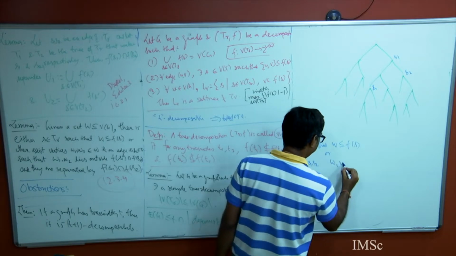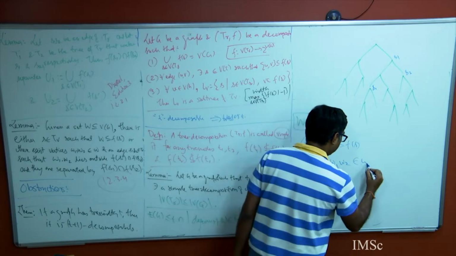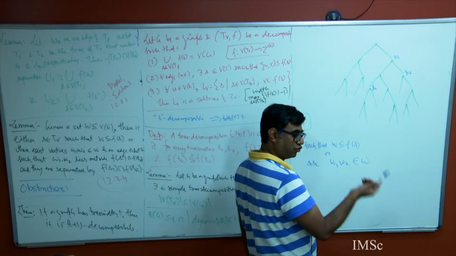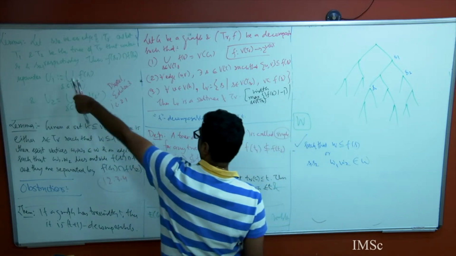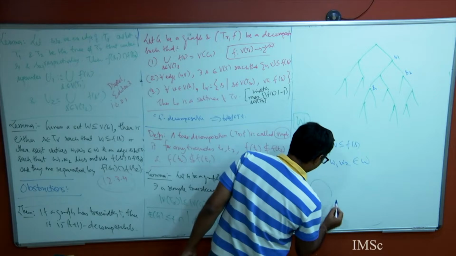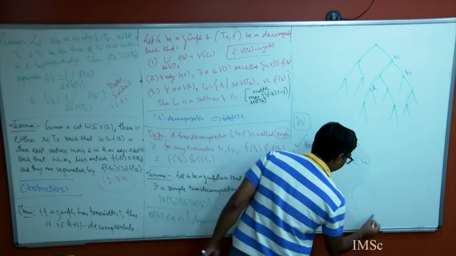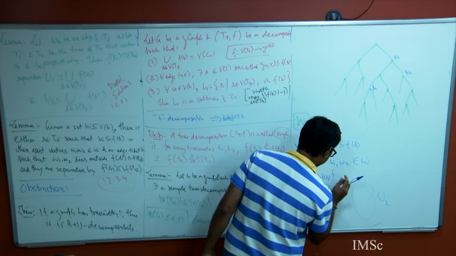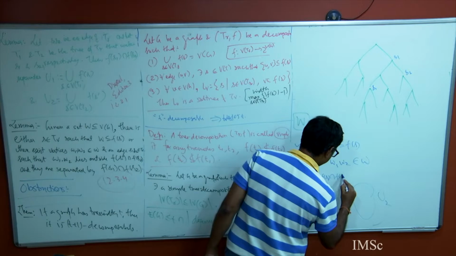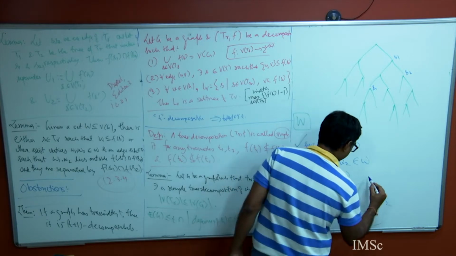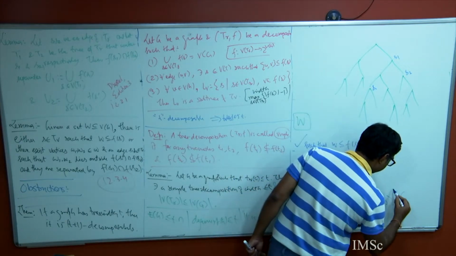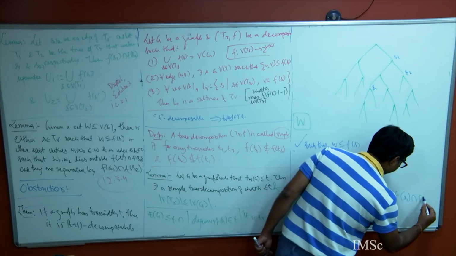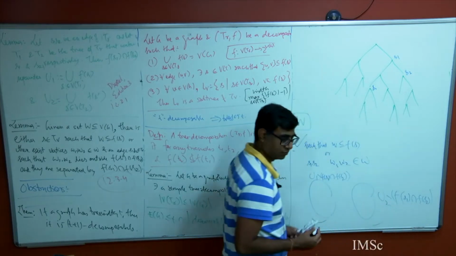I also will find you some W1, W2 inside W such that, looking at U1 the way we defined it before, look at U1, look at U2, and look at U1 minus f(S1) intersection f(S2) and U2 minus f(S1) intersection f(S2).